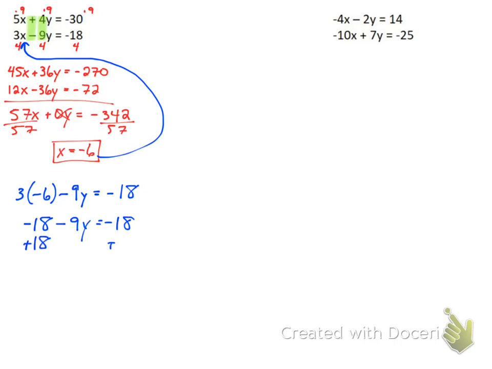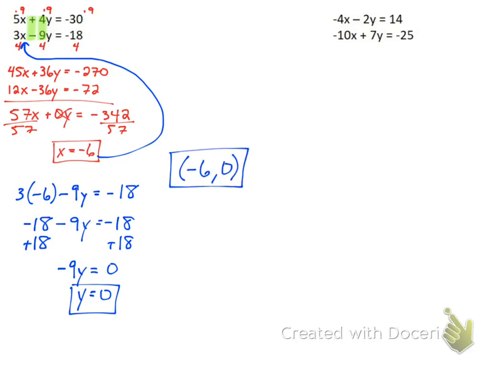Add the 18 to the other side. Get negative 9y is equal to 0. So y is equal to 0. Divide both sides by 9 and get y is equal to 0. So that's my ordered pair solution, the ordered pair negative 6, 0. Plug it back into the originals and double check your answers.